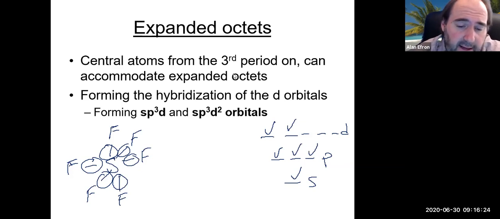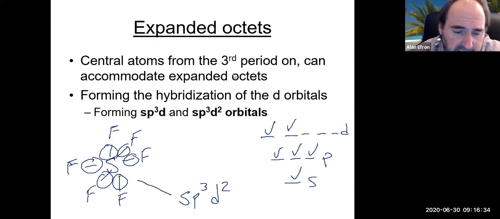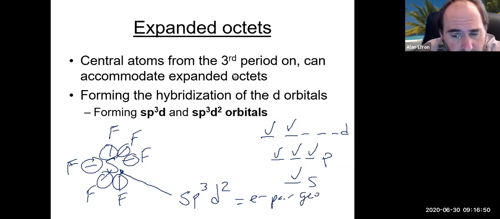That means I combined an S, 3 p orbitals, sp3, and I also combined 2 d orbitals. So the hybridization of this expanded octet would be sp3d2. Obviously that hybridization, sp3d2, goes with our electron pair geometry of octahedral.